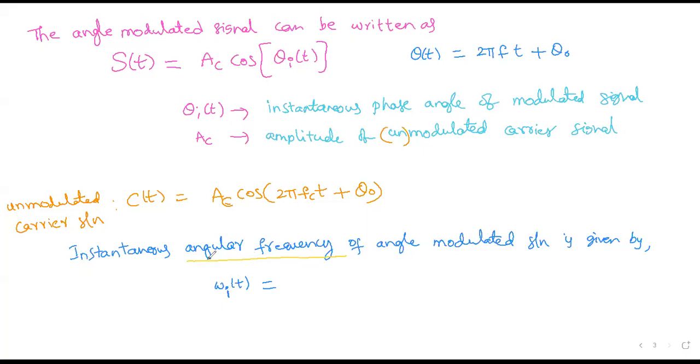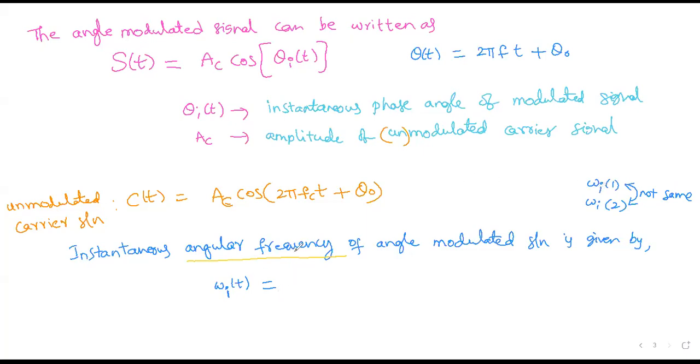At t equal to 1 second, the angular frequency value can be omega I of 1, and at t equal to 2 seconds it will change, and so on, which means these two are not the same, because they are instantaneous values. As time changes, the values also change.